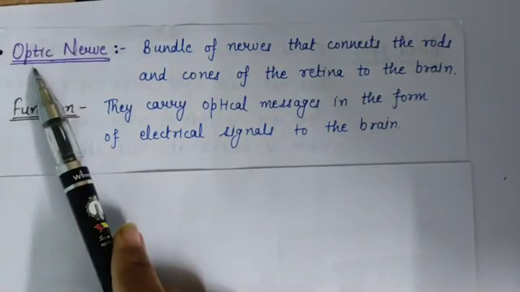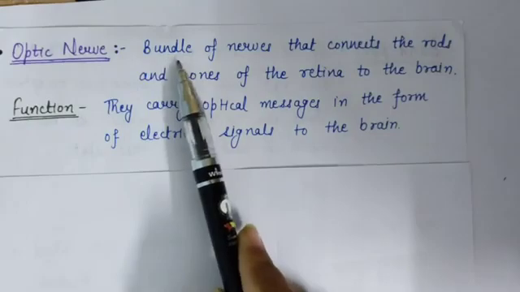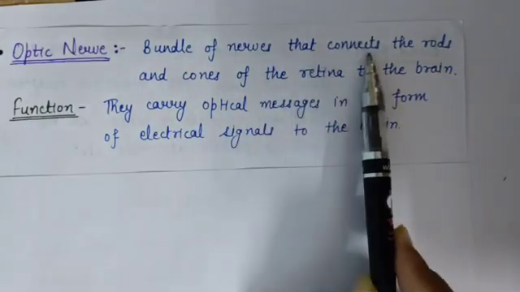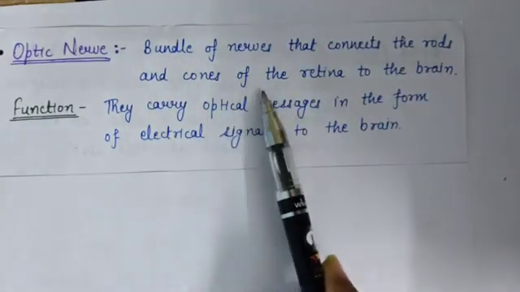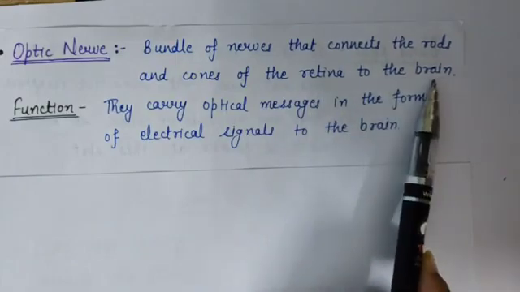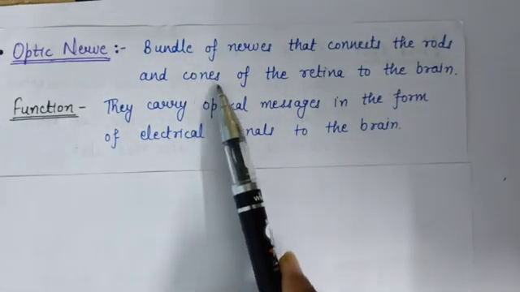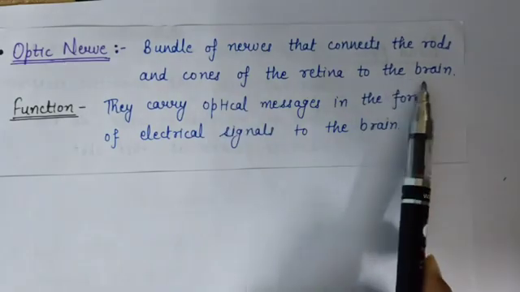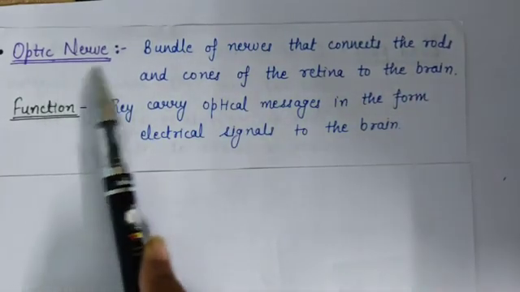Next part is the optic nerve. It is a bundle of nerves that connects the rods and cones of the retina to the brain. Means the rods and cones are connected to the brain with the help of the optic nerve.